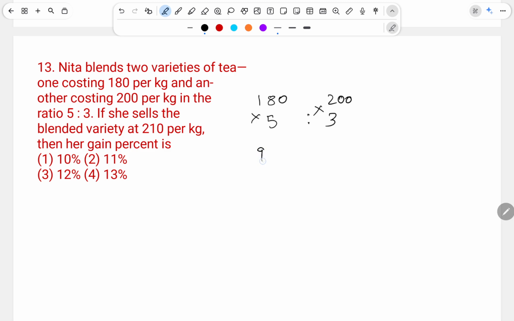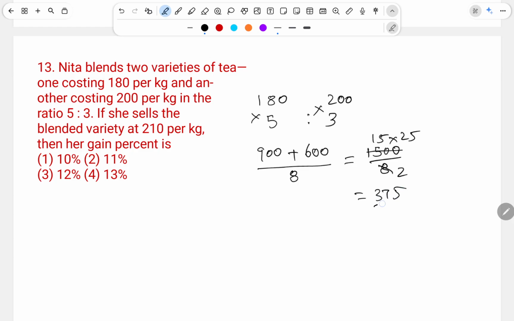So 900 plus 600 by 5 plus 3, 8. So 9 plus 6, 1500 by 8. Now 4 2s. 4 how many times? 100 can divide by 25 times. 1500 by 8 is 375 by 2, 187.5. This is CP, which is 100.